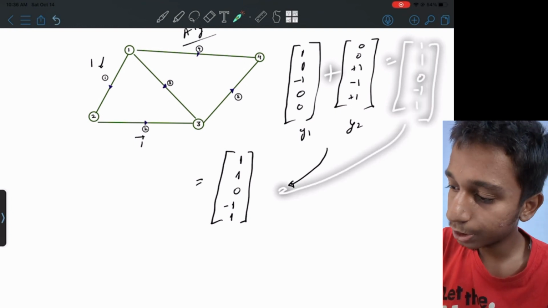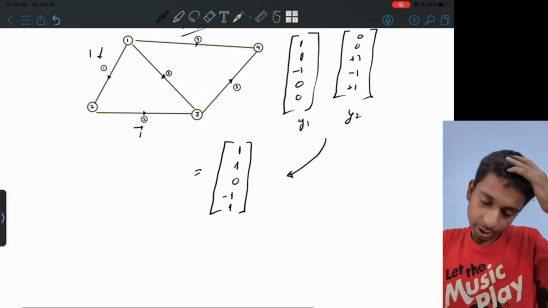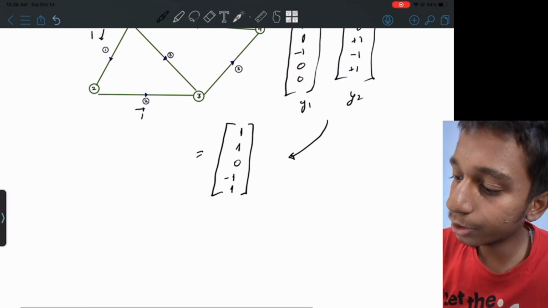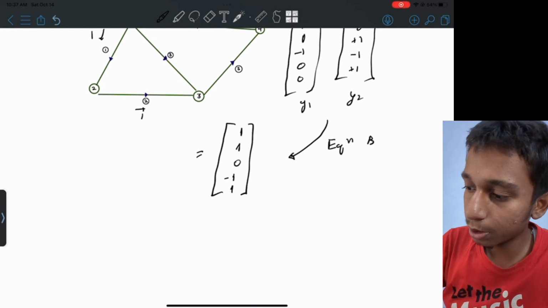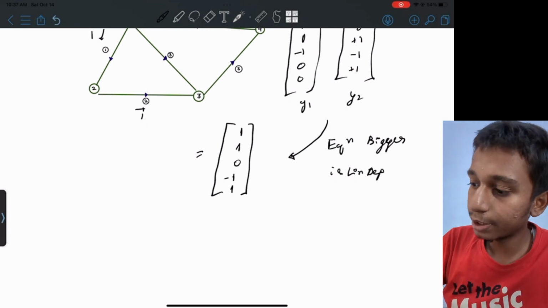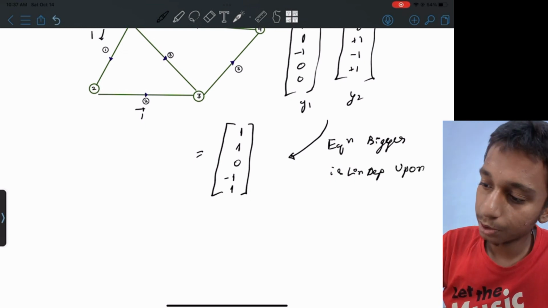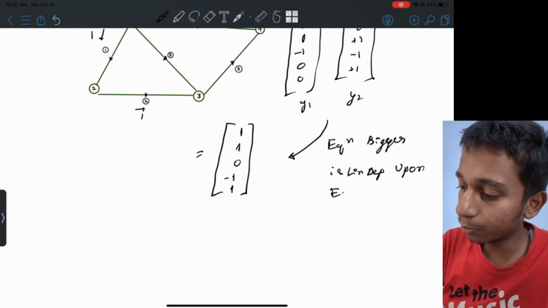And to see that this is exactly what the big loop states. So in other terms, or in the language of linear algebra, I would say that the equation that I obtained through the bigger loop is linearly dependent upon the individual elementary loops.